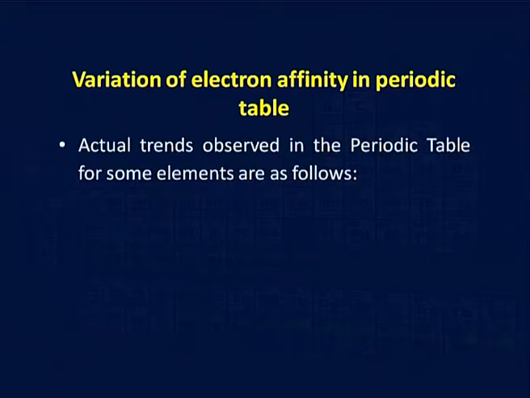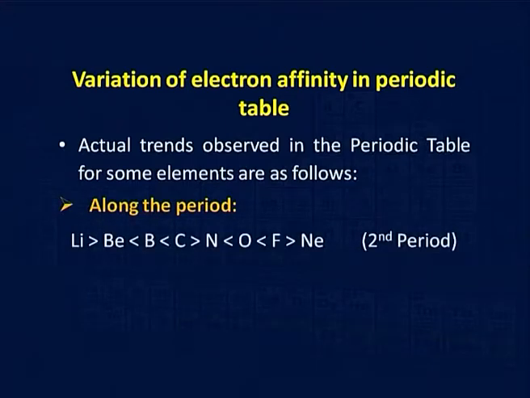So, now we will see what is the actual trend observed in the periodic table. In the second period elements, the electron affinity of lithium is more than beryllium, though it increases in general when we move along the period, but here it decreases. In case of beryllium, we have seen earlier in the table also that electron affinity of beryllium is almost 0.